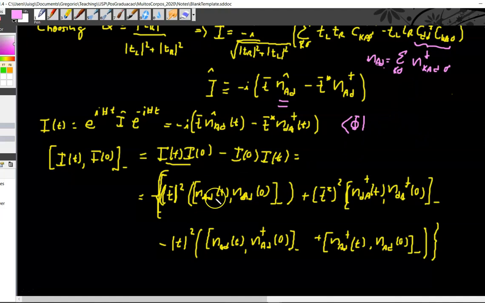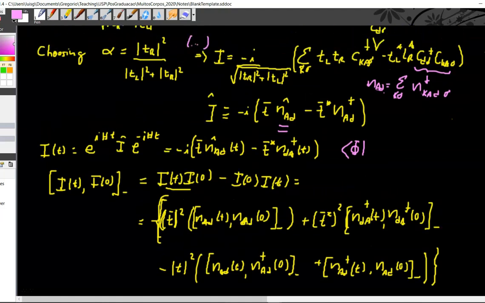And in this case, let's take it even at t equals 0, so you don't have to worry about the Hamiltonian, the time evolution. n a d, as I mentioned, would be something with, yeah, this is actually n a d dagger.